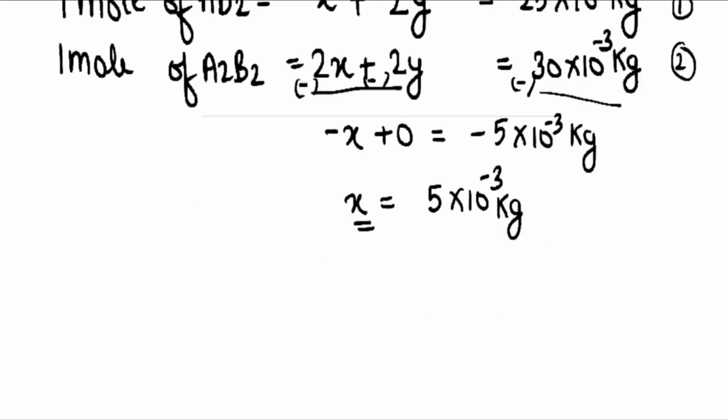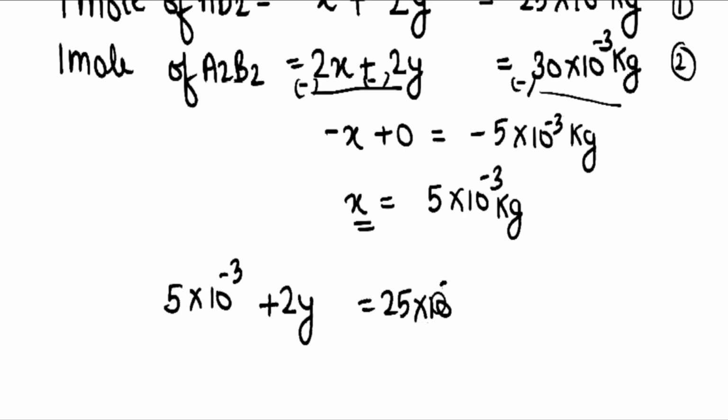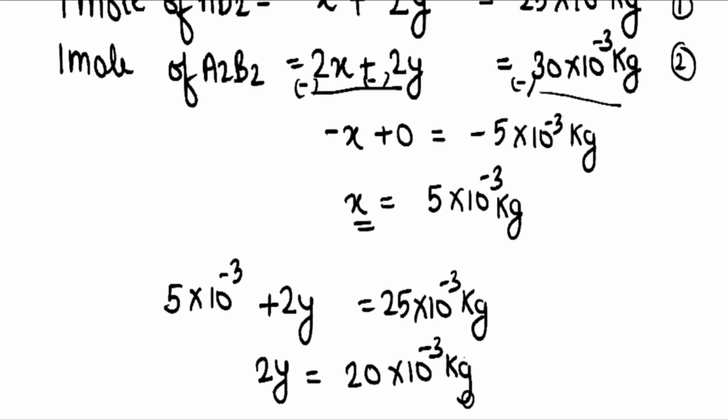So it becomes 5 into 10 to the power minus 3 plus 2y equals 25 into 10 to the power minus 3 kgs. So 2y is 25 minus 5, which is 20 into 10 to the power minus 3 kgs.